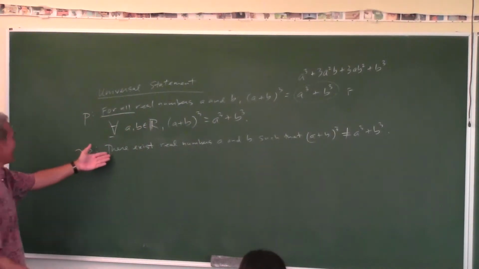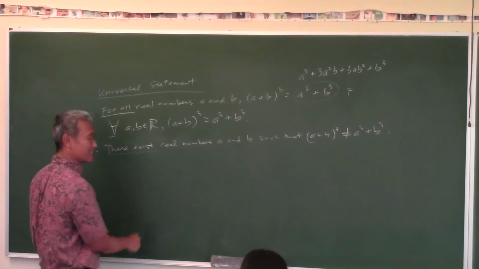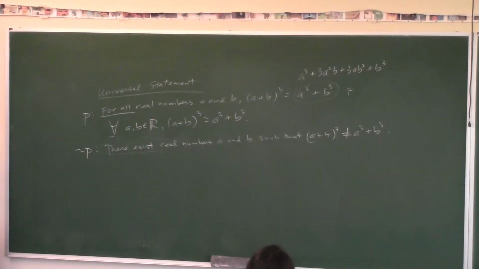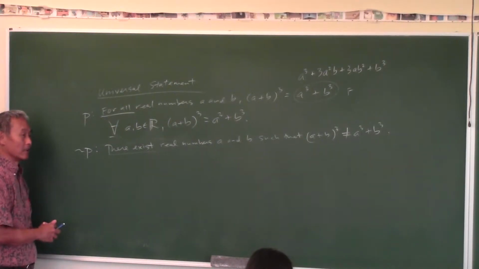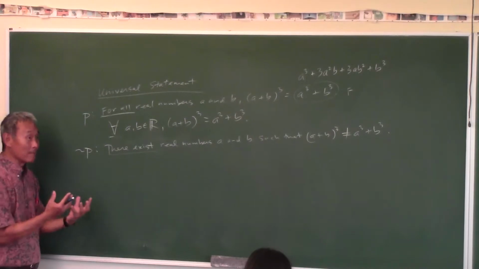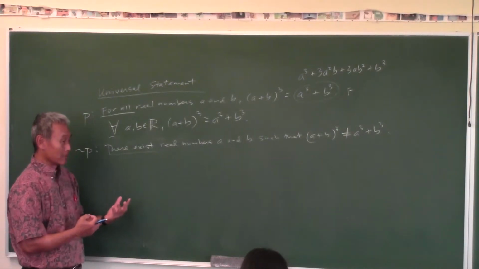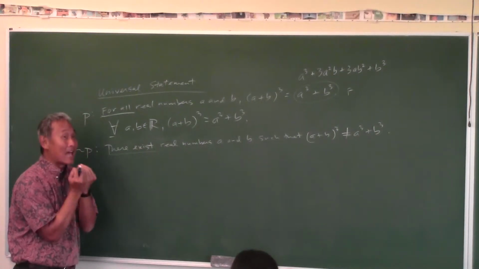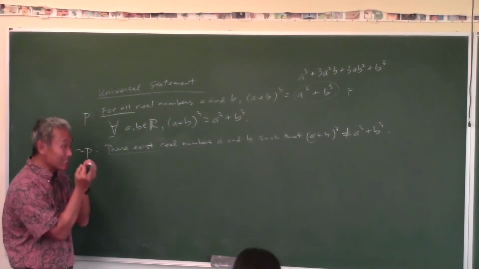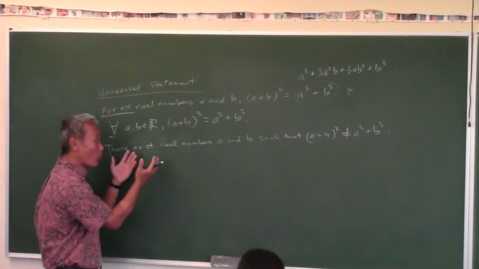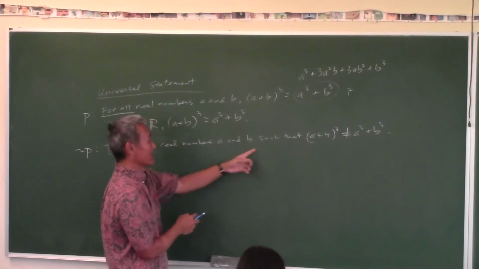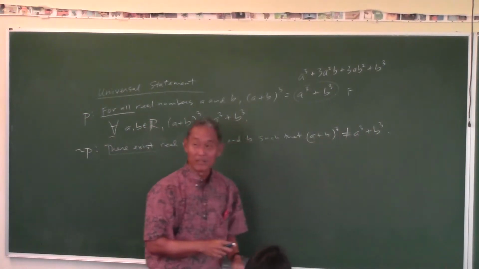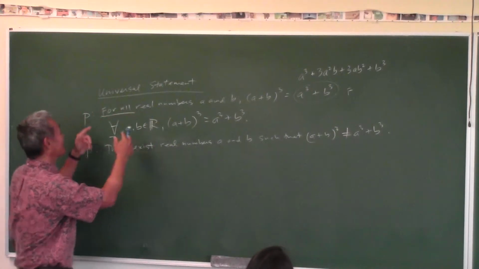Now, what kind of statement is this right here? There exists. What does "there exists" mean? There are some. Yeah, some. And what does some mean in mathematics? It means at least one. So there's at least one pair of numbers A and B such that this is not equal to that. That's how you negate a universal statement.